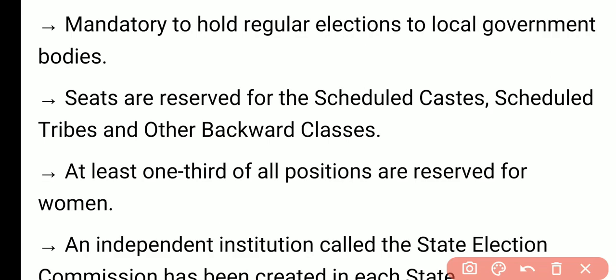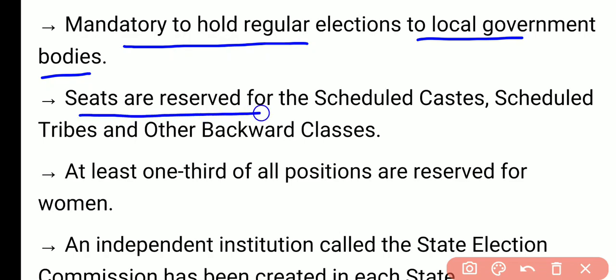First, it became mandatory to hold regular elections to local government bodies at a fixed interval of time. How much? 5 years. So after this amendment, it was made mandatory to hold regular elections after the fixed interval of 5 years in each state and union territory.